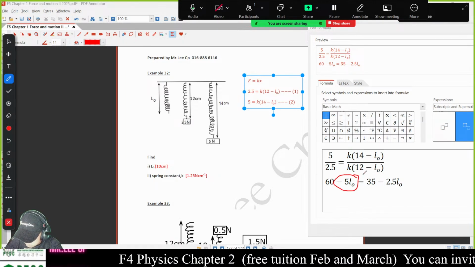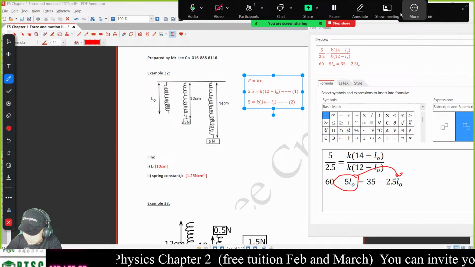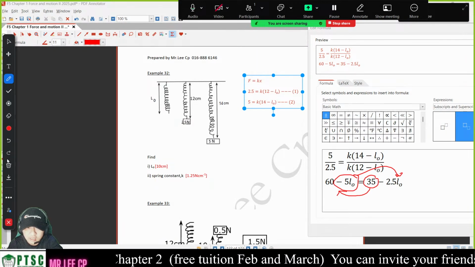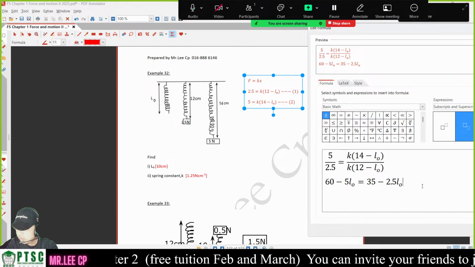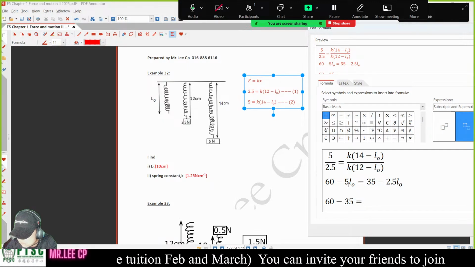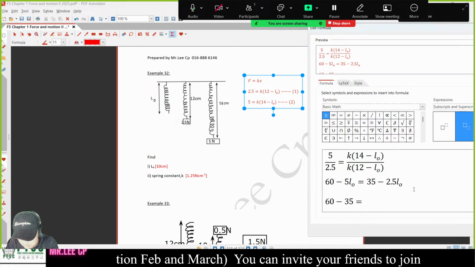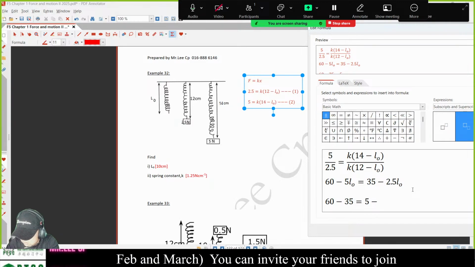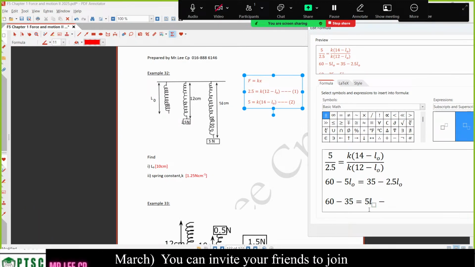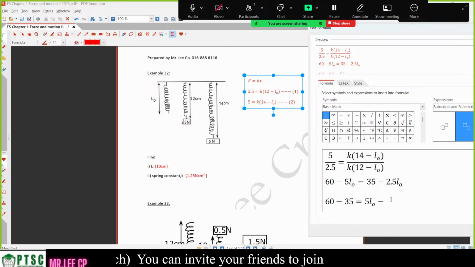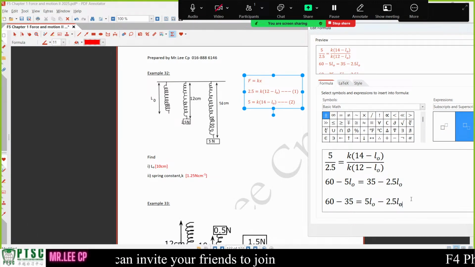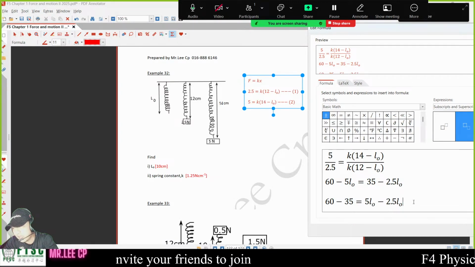This one I move to here: 5 minus 2.5. 35 I move to here, becomes minus. So here will be 60 minus 35. This side will be 5, negative becomes positive, so 5 minus 2.5 L naught. 5 minus 2.5 leaves 2.5.